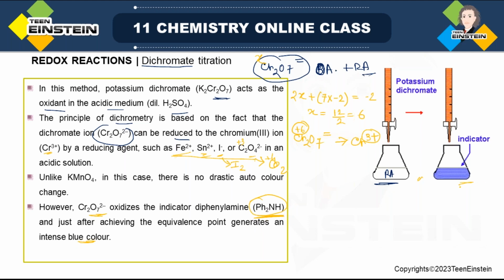So when there is this type of color, you just stop the reaction. So that means now the reaction is over. So here, this is the indicator. Remember it, Ph2NH, diphenylamine.